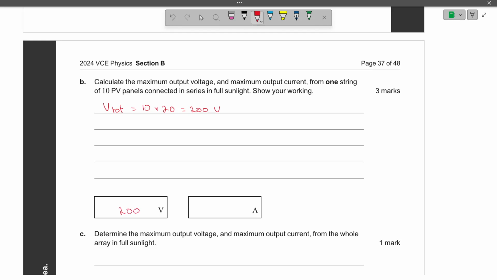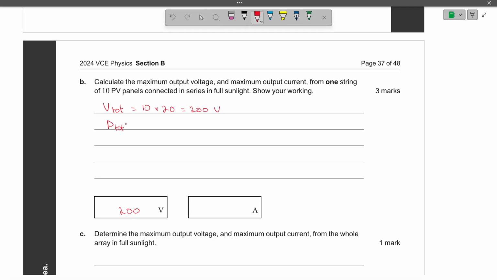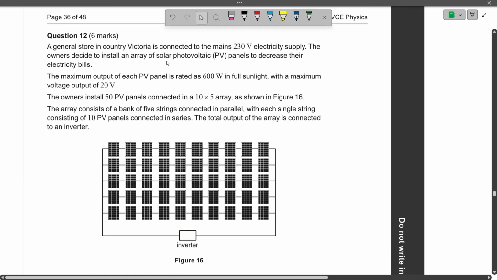Now, what's the power generated from all of those panels? Well, you've got 10 of them in a row, and each one generates 600 watts. So 10 times 600 is 6,000 watts, and then from that we can get our current. Okay, because it didn't say anything about current. There's nothing about current anywhere.